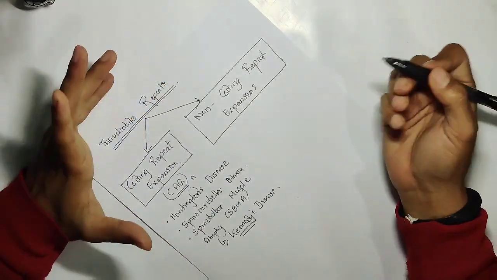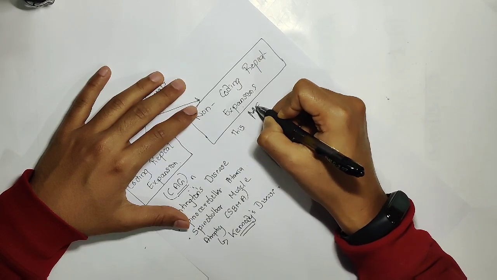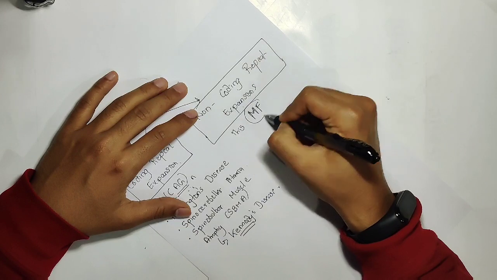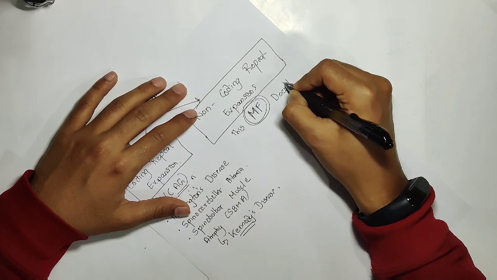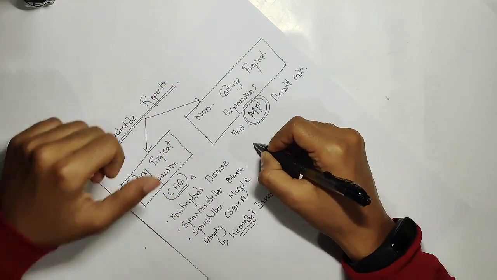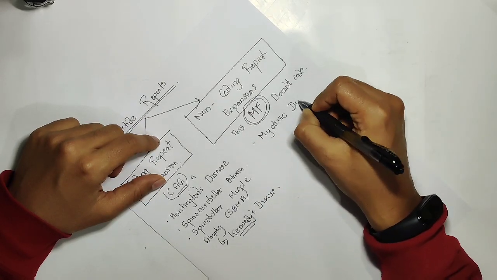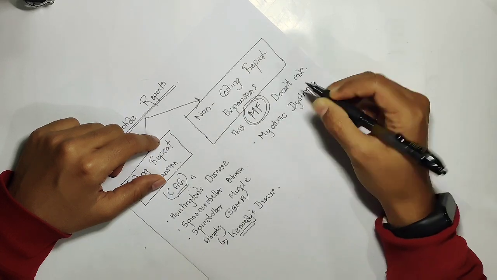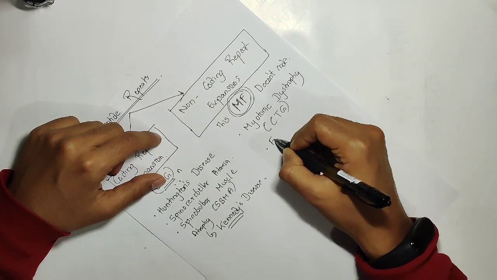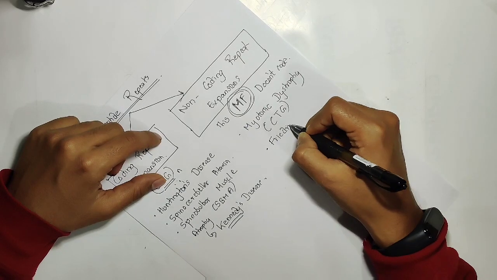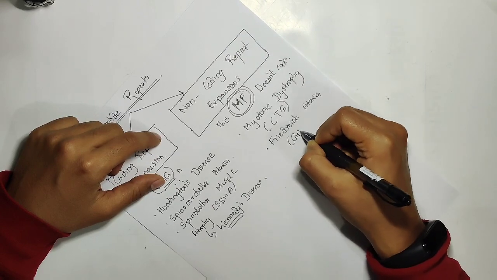Okay, and the non-coding ones, you can remember the non-coding ones as this MF. You can take it however you like. This MF doesn't code. So the MF means Myotonic Dystrophy, which is C, T and G. Then we have Friedreich's Ataxia, the GAA.